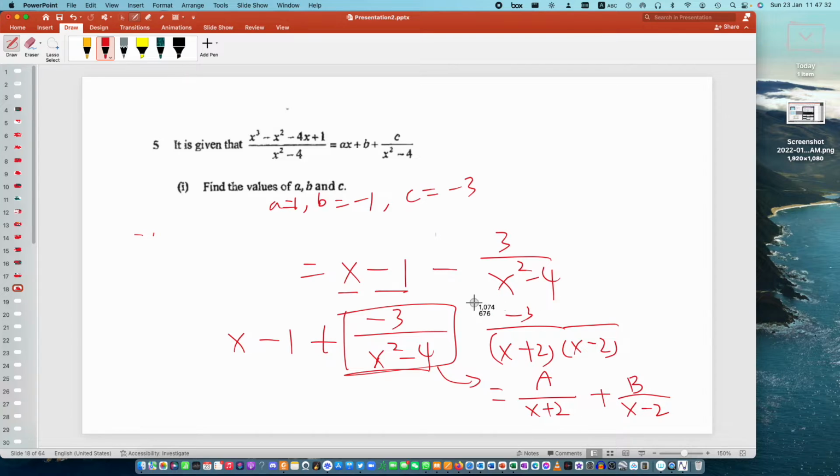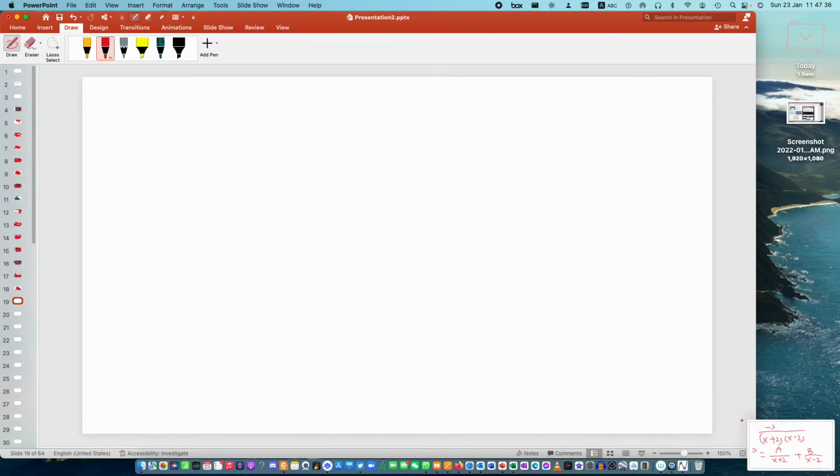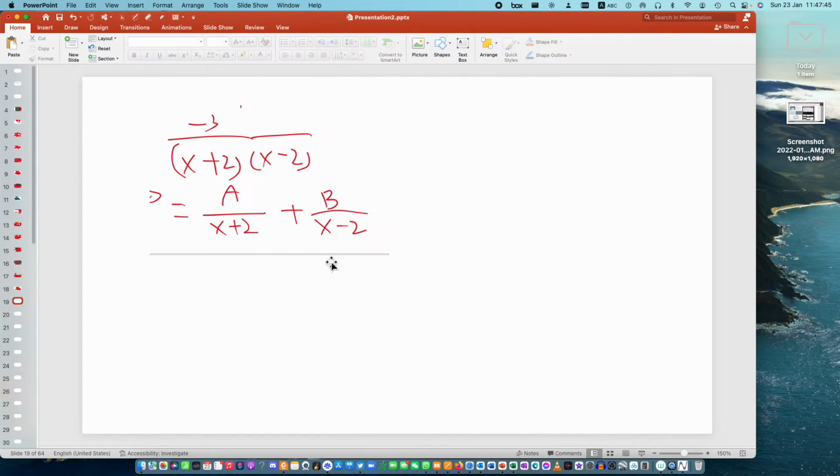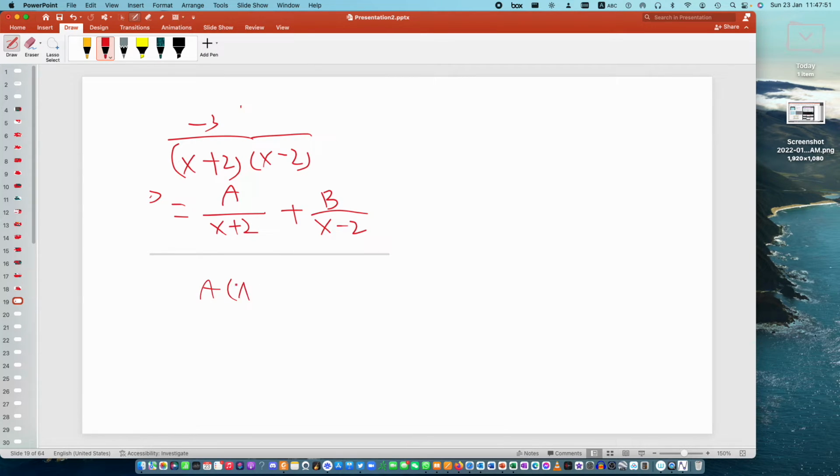You have to find A and B. So I think you have no problem for this. Do you know why I use case 1, right? Linear, yeah. Because x is power 1. So I can quickly just do x minus 2 here.